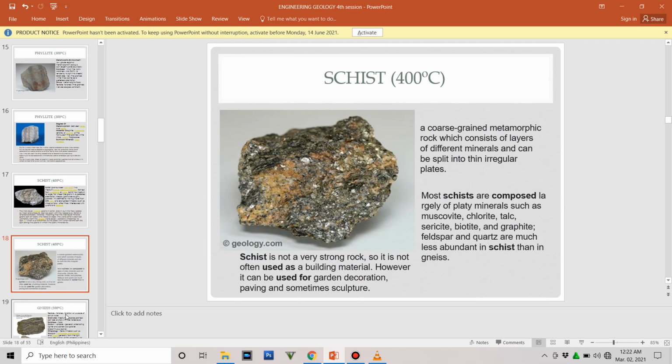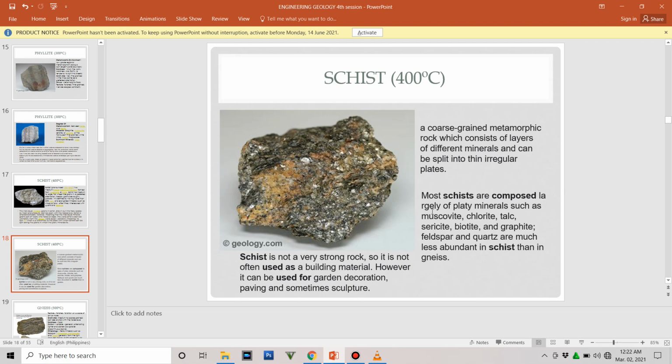So, anong difference na ngayon on the phyllites and the shales? So yung phyllite at yung shales, it is a fine-grained material. Ito, medyo magaspang siya because it is a coarse-grained metamorphic rock which consists of layers of different materials and can be split into thin, irregular plates.